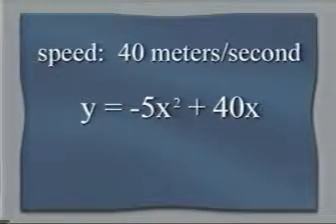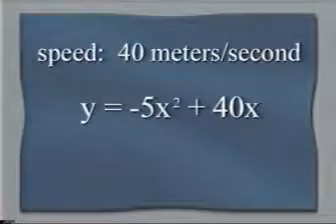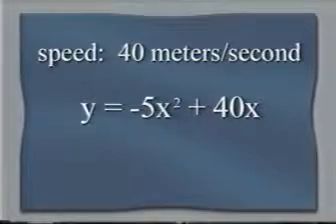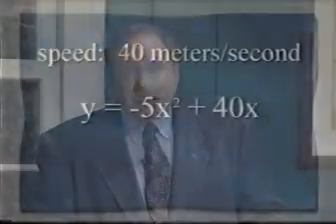On Earth, the gravitational acceleration is approximately 10 meters per second squared. The plus 40x is simply the velocity at which the object is released, 40 meters per second, times x, where x is the time in seconds.